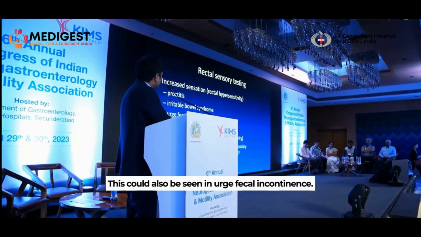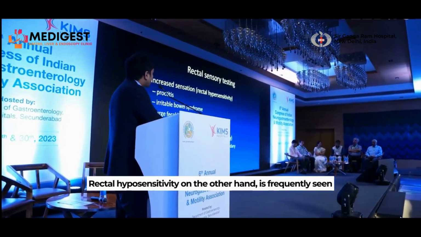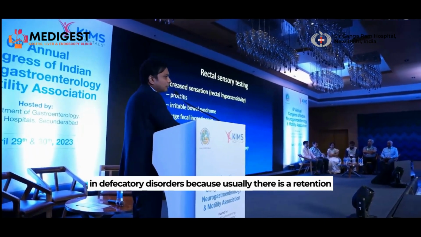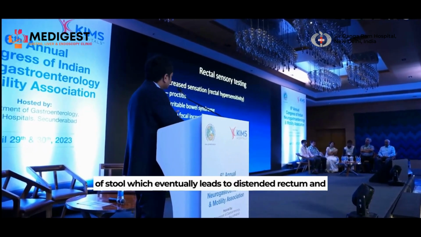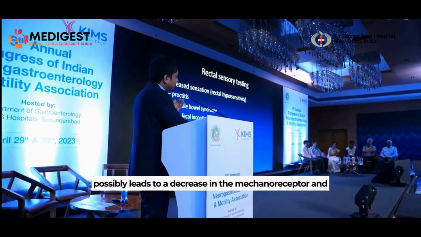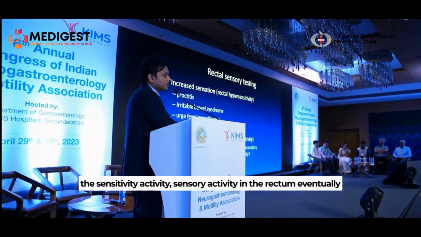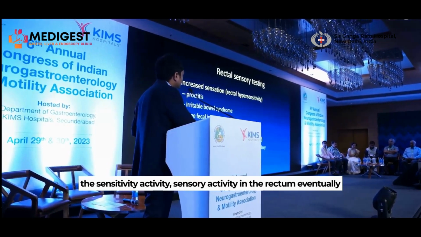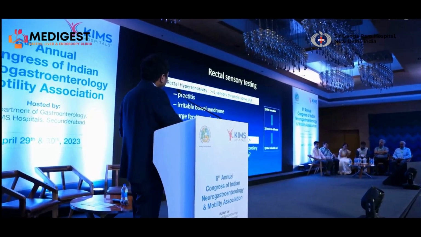This could also be seen in urge fecal incontinence. Rectal hyposensitivity, on the other hand, is frequently seen in defecatory disorders, because usually there is a retention of stool which eventually leads to a distended rectum and possibly leads to a decrease in the mechanoreceptor and sensory activity in the rectum, eventually leading to megarectum.